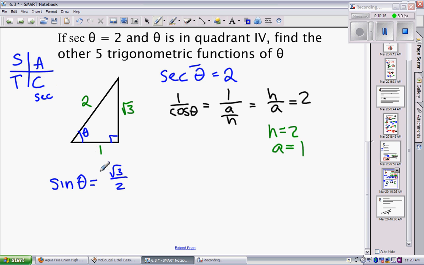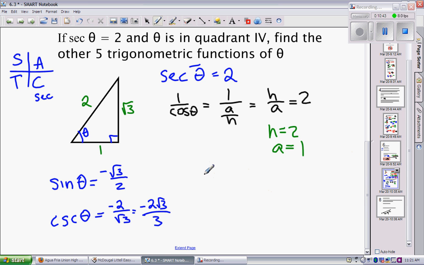Everything else is negative. So make it a negative root 3 over 2. So then the cosecant of theta is going to be the reciprocal, negative 2 over root 3. Rationalize that denominator, negative 2 root 3 over 3.